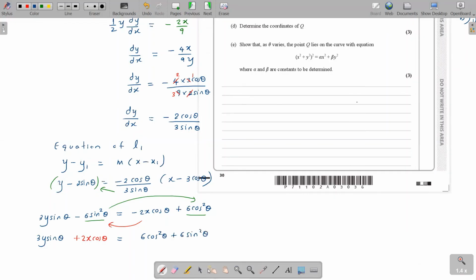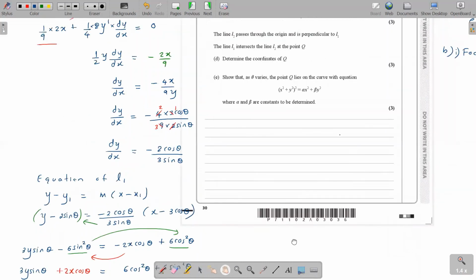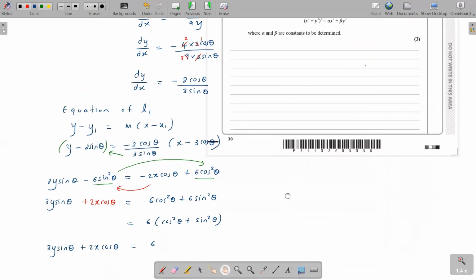Can you see the pattern here? 6 can be taken out and you get cos square plus sine square, which is what? 1. Cos square plus sine square is 1. So 6 into 1 is 6. 3y sine theta plus 2x cos theta equals 6. Okay, so that's the show that: 2x cos theta plus 3y sine theta equals 6. So 3 marks. This is the show that.